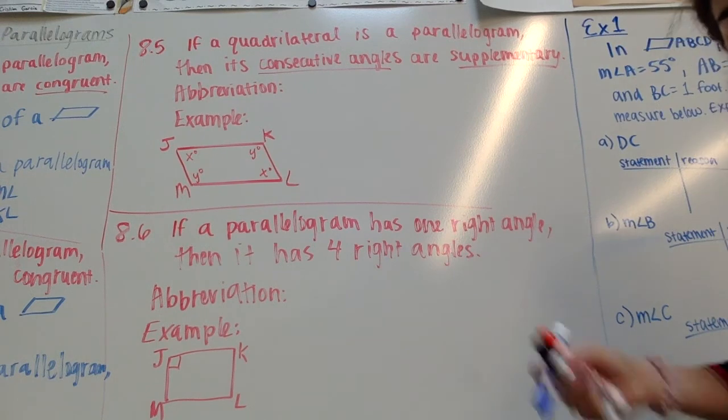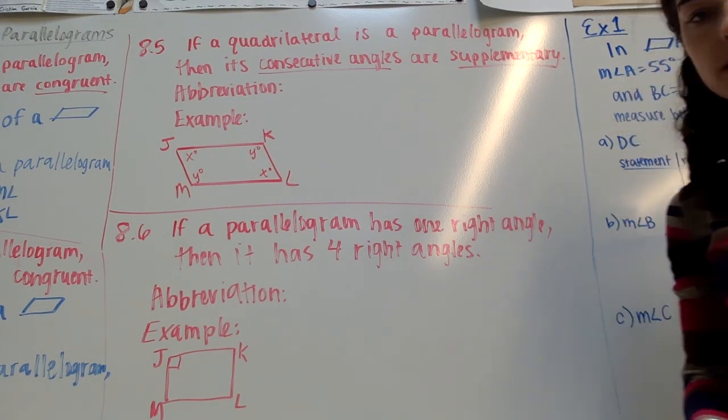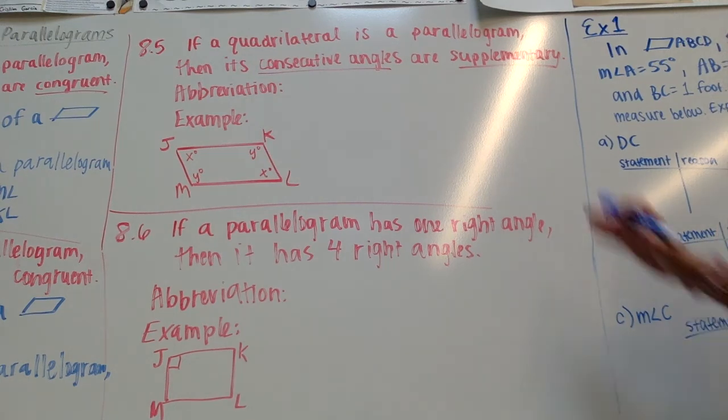All right, two more theorems here. Go ahead and write them down. 8.5, if a quadrilateral is a parallelogram, then its consecutive angles are supplementary. Okay, we'll talk about what that means.